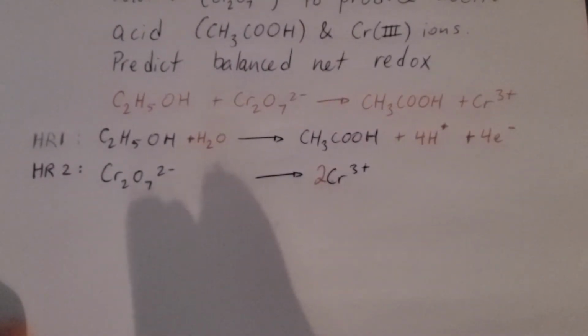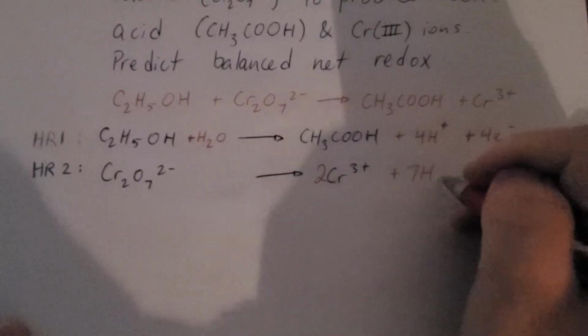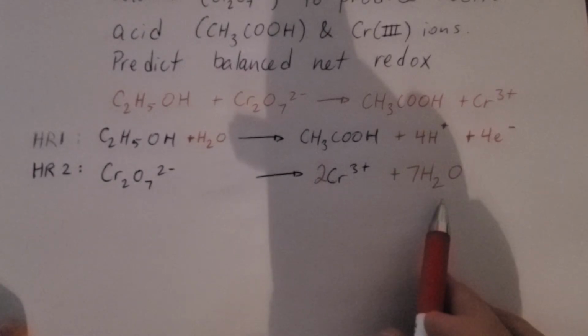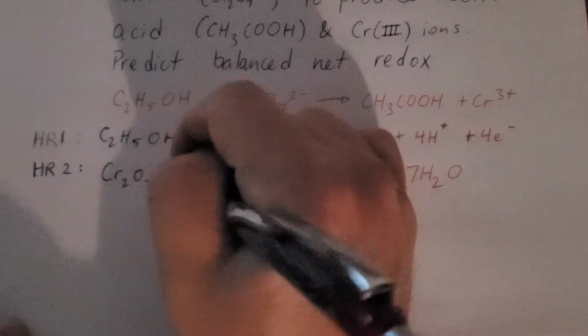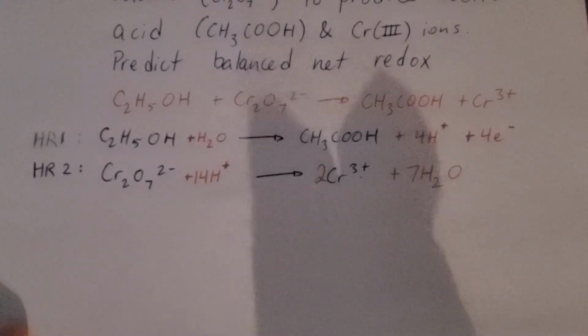That's easy. Then I balance the oxygen by adding water. Okay, I had 7 on this side, so I'm going to add 7 waters. Now I balance the hydrogen by adding H pluses.